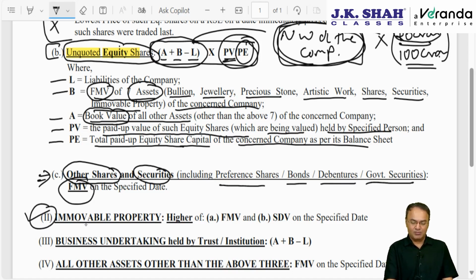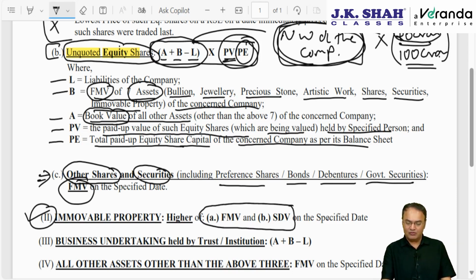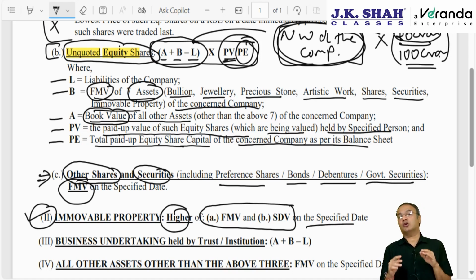Immovable property is very important. It will include residential as well as commercial properties, both land, building, land plus building. Straight away FMV or stamp duty value, whichever is higher as on the specified date. Normally for all other valuation rules of the income tax rules, rule 11U, 11UA, everywhere we take whichever is higher, stamp duty value or cost of acquisition.